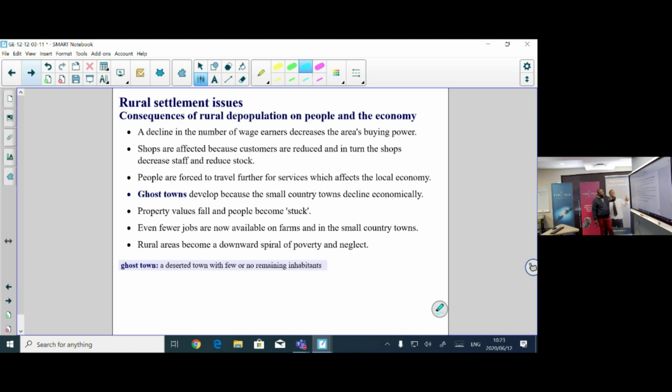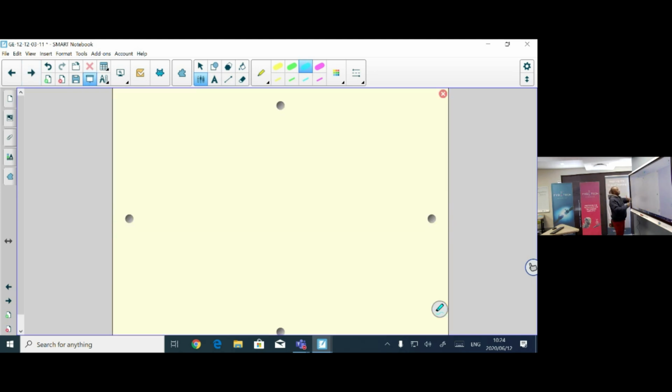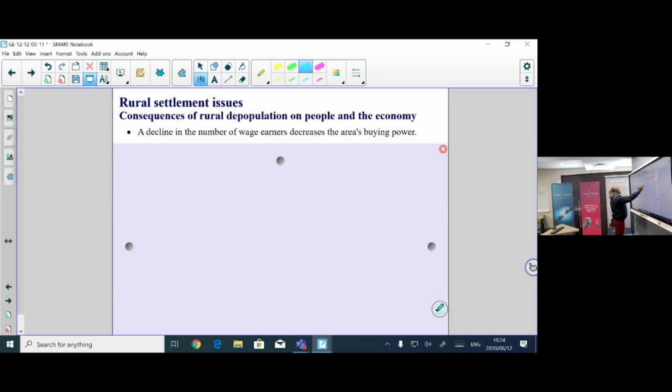Then a decline in the number of wage earners. Let's have one point at a time. A decline in the number of wage earners decreases the area's buying power.